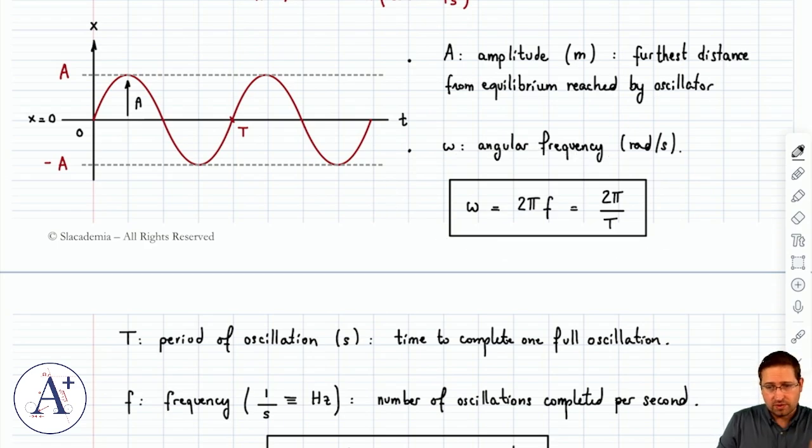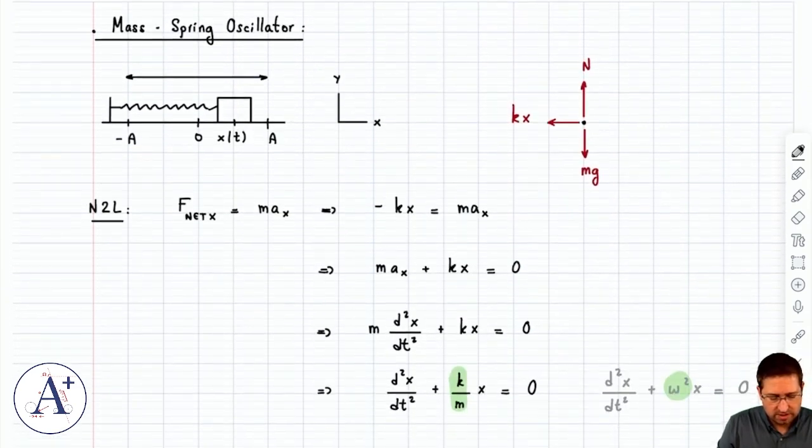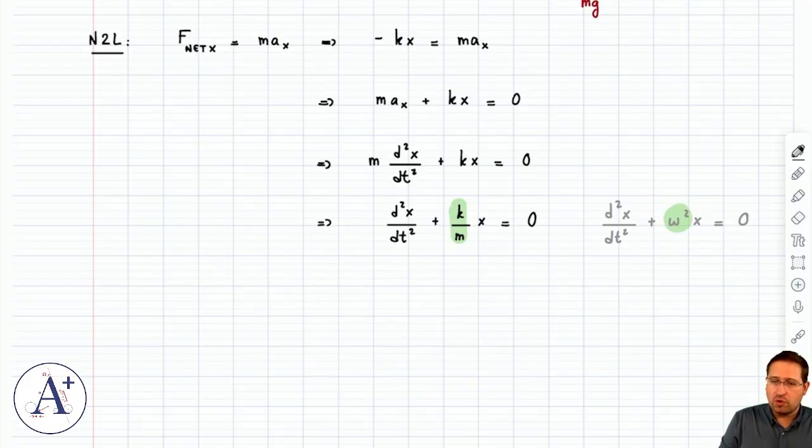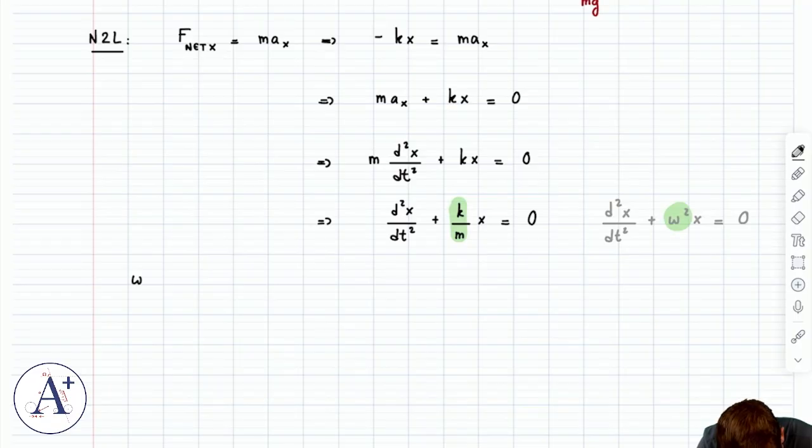But a given oscillator, such as the mass spring oscillator, will have a certain omega. In this case, omega is equal to the square root of k over m. And that is oscillator specific.